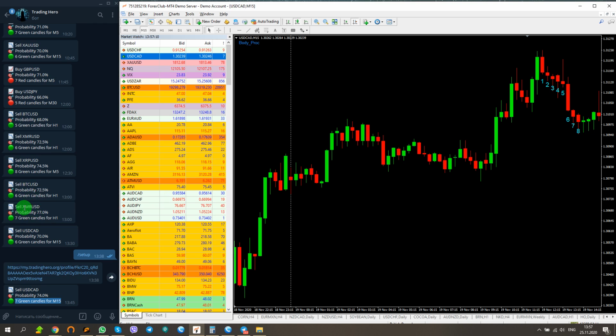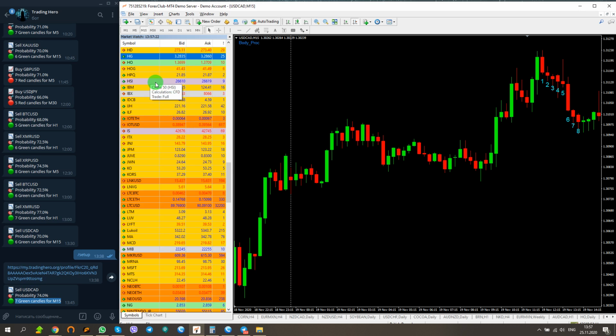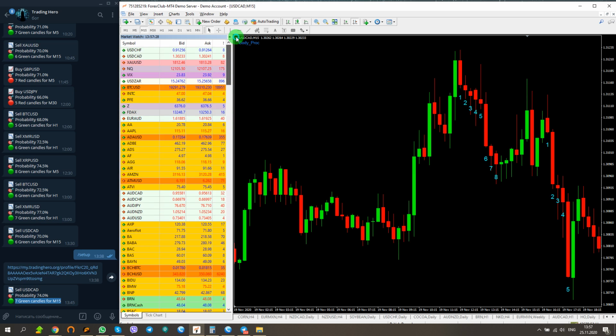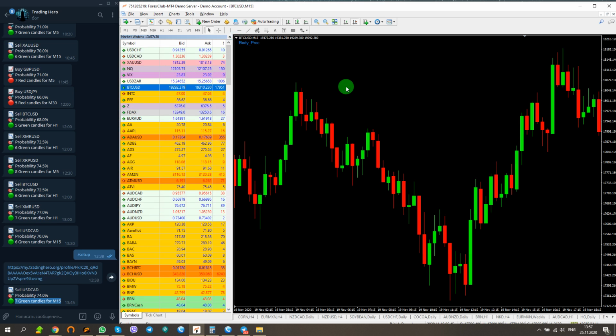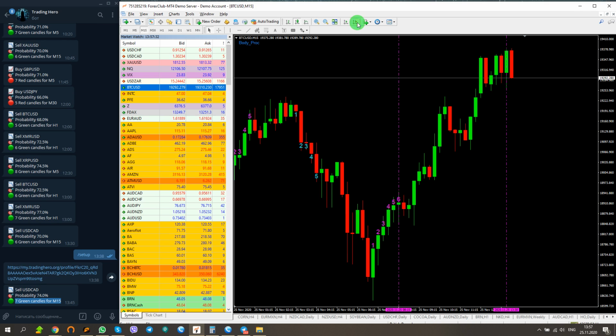For example, we were looking at Monero USD on the 1 hour chart. Let's look at Bitcoin USD also on the 1 hour chart, and I think on the 1 hour chart you will get many more trading signals with a high percentage of profit than you have on a small time frame.